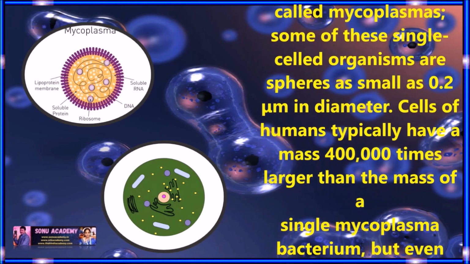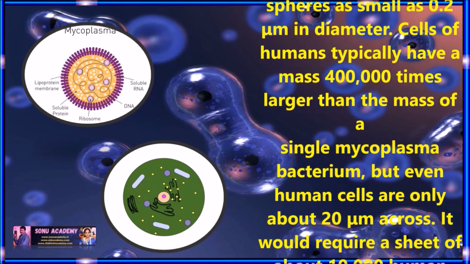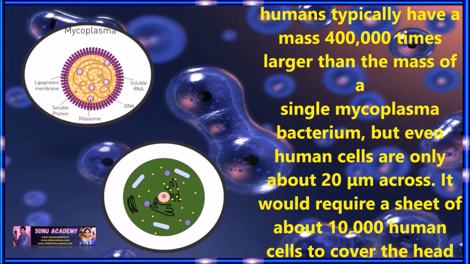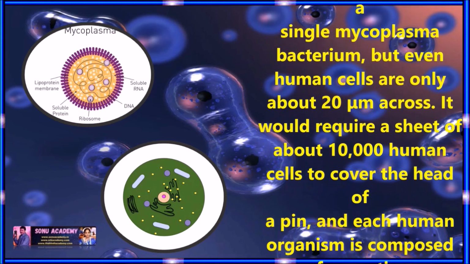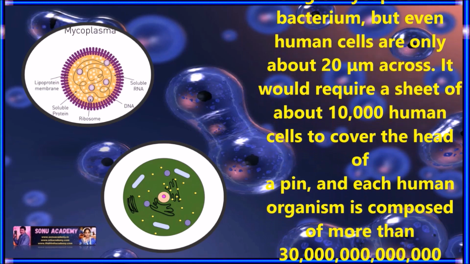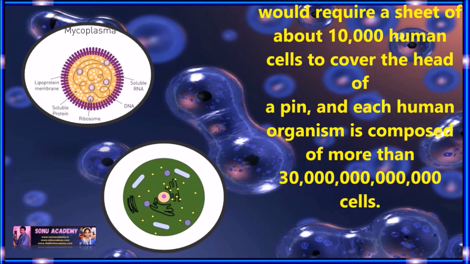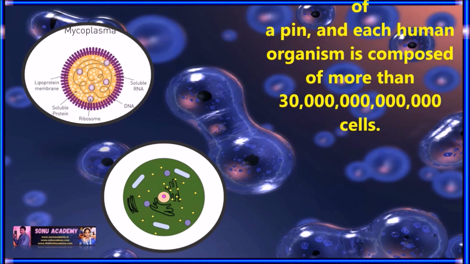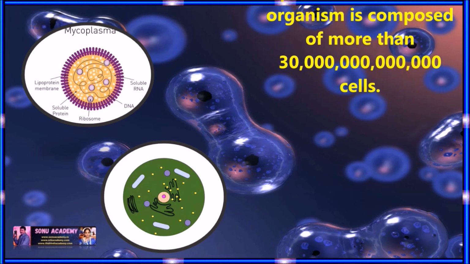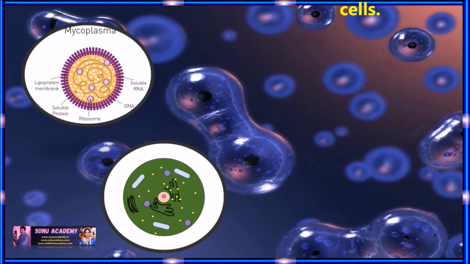Cells of humans typically have a mass 400,000 times larger than the mass of a single mycoplasma bacterium. But even human cells are only about 20 μm across. It would require a sheet of about 10,000 human cells to cover the head of a pin. And each human organism is composed of more than 30 cells.